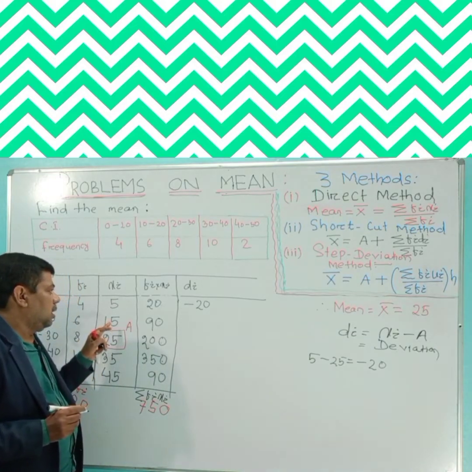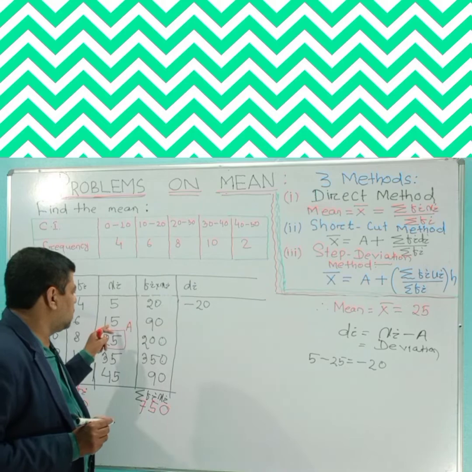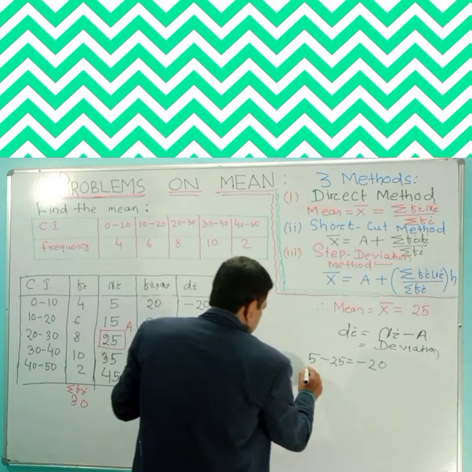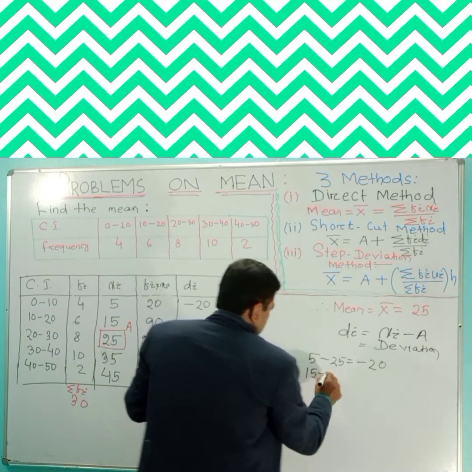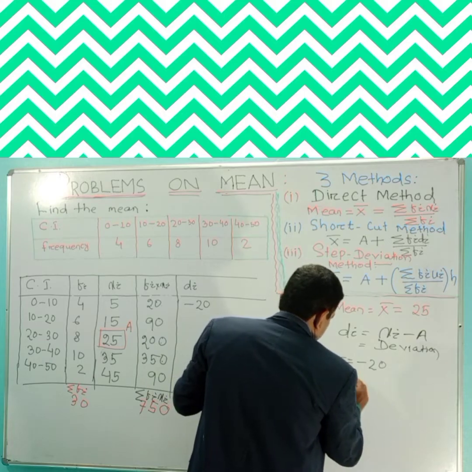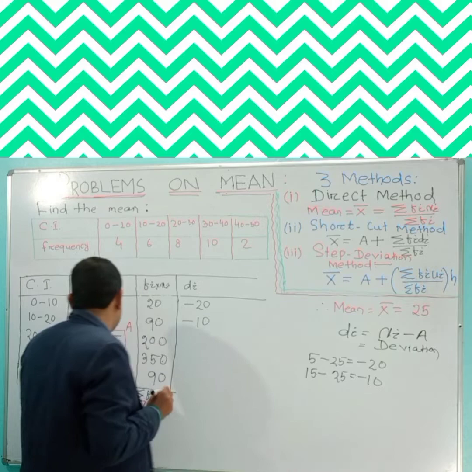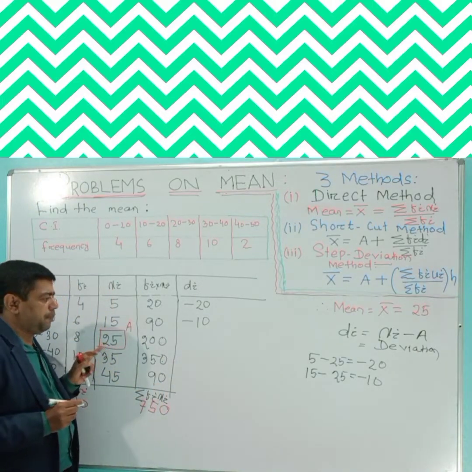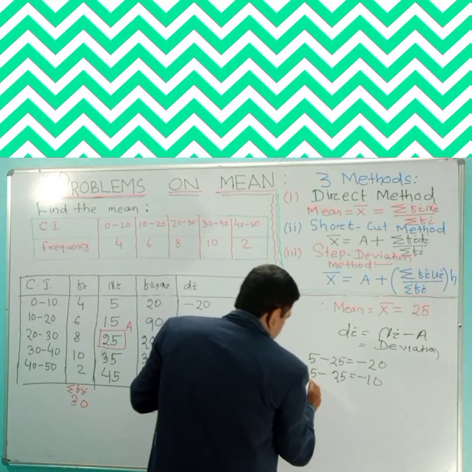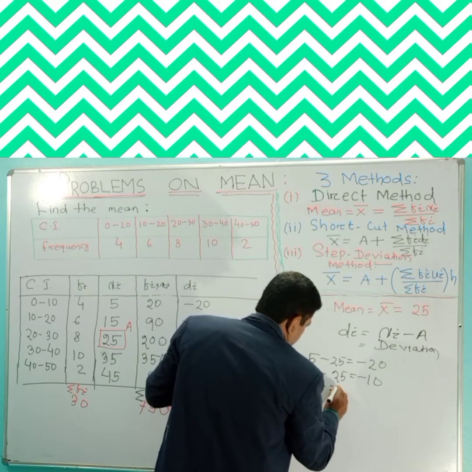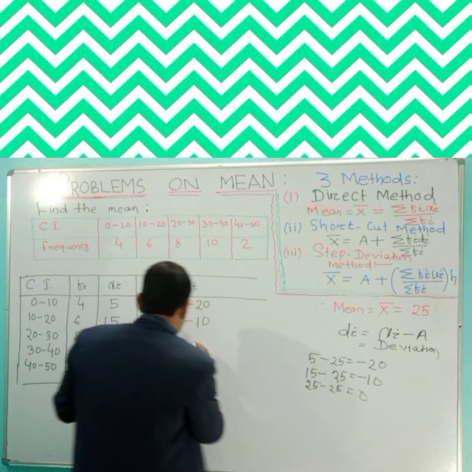Similarly, the deviation for the second class interval is 15 minus 25, which is minus 10. Similarly, for 25, the class mark is 25 minus 25 is 0. Write down 0.